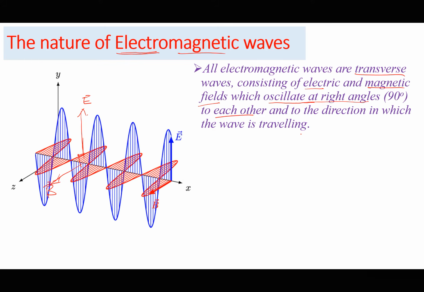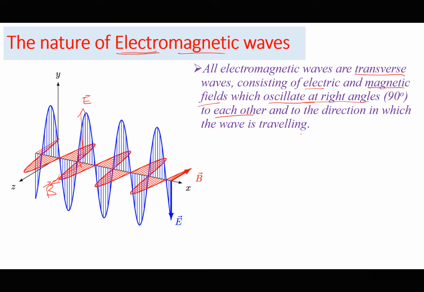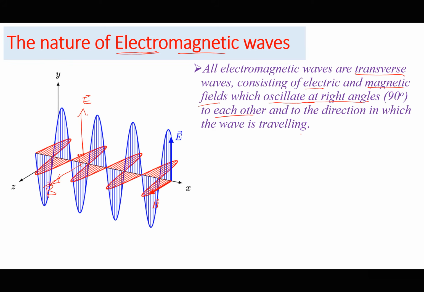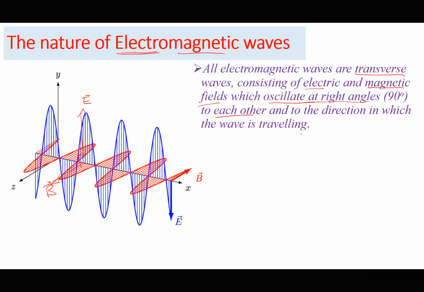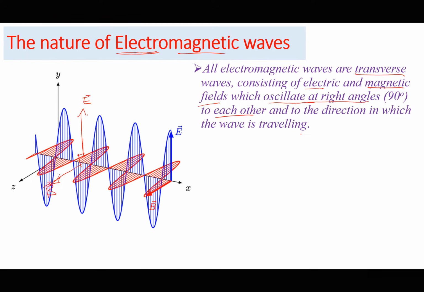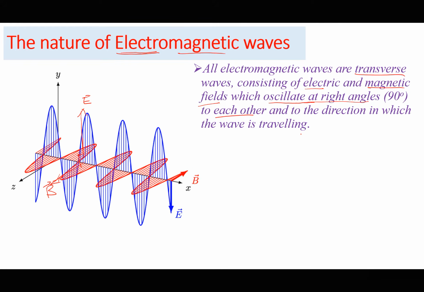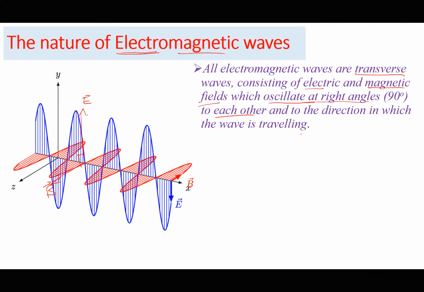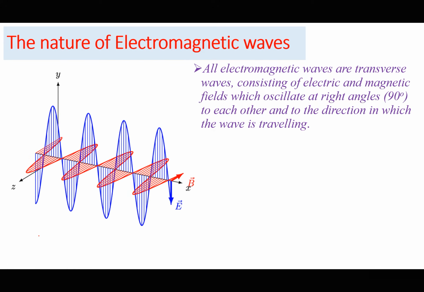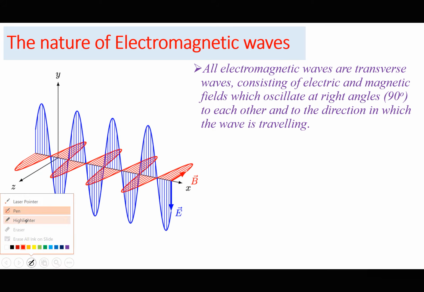So an electromagnetic wave is made up of electric and magnetic fields which oscillate perpendicular to each other and also perpendicular to the direction of propagation of the wave energy. That is their nature.